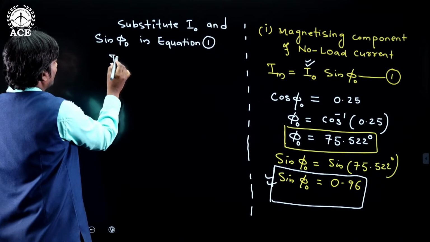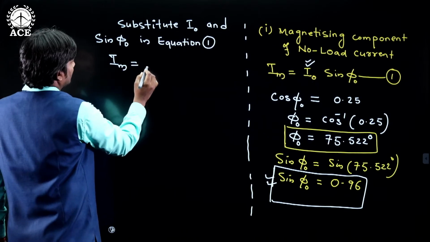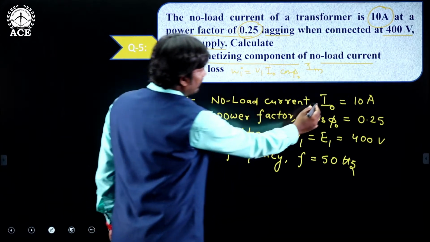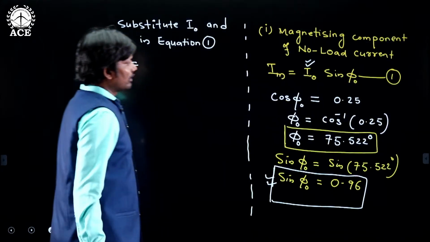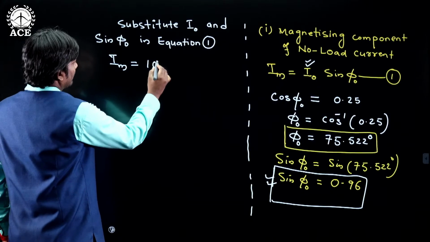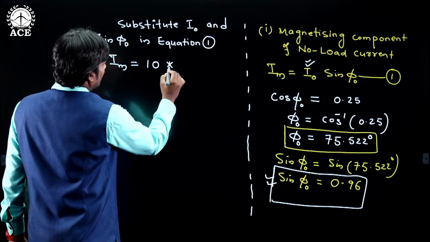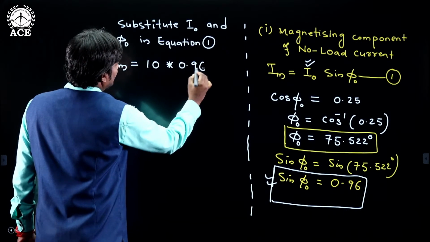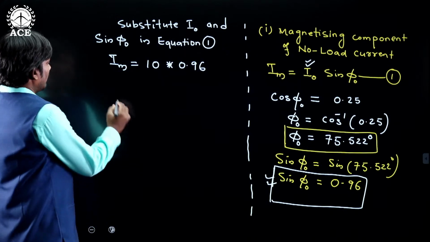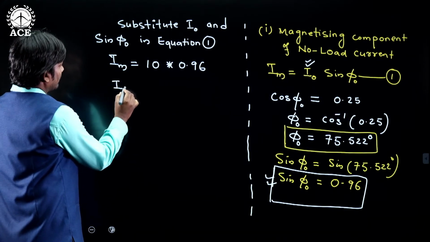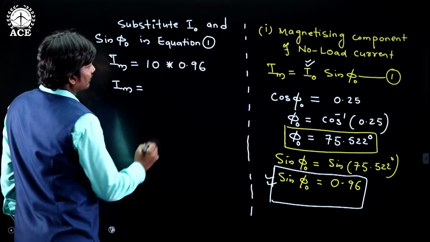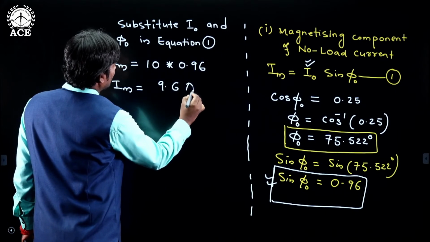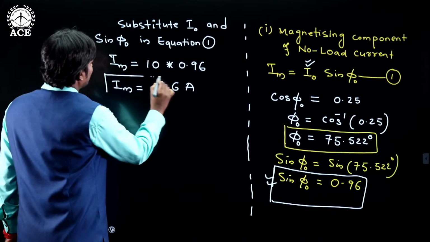Therefore, Im is equal to I0 times sin phi naught. I0 is given as 10 amps. Substitute 10 here and sin phi naught 0.96, and Im is equal to 9.6 amps. This is the magnetizing component of no load current.